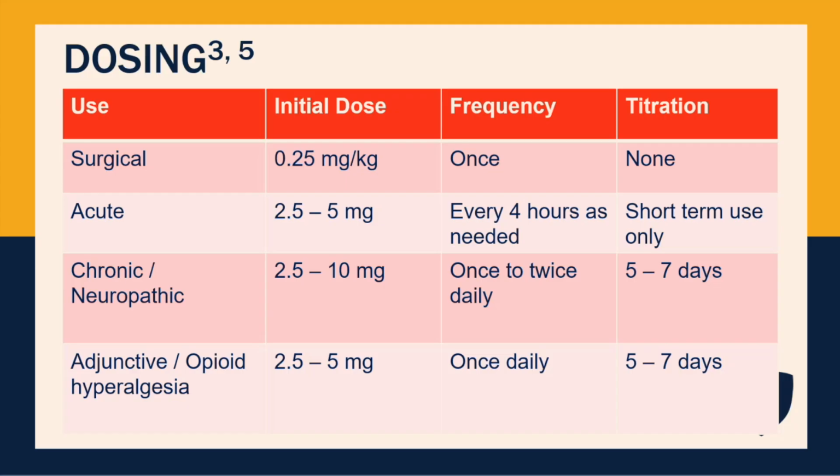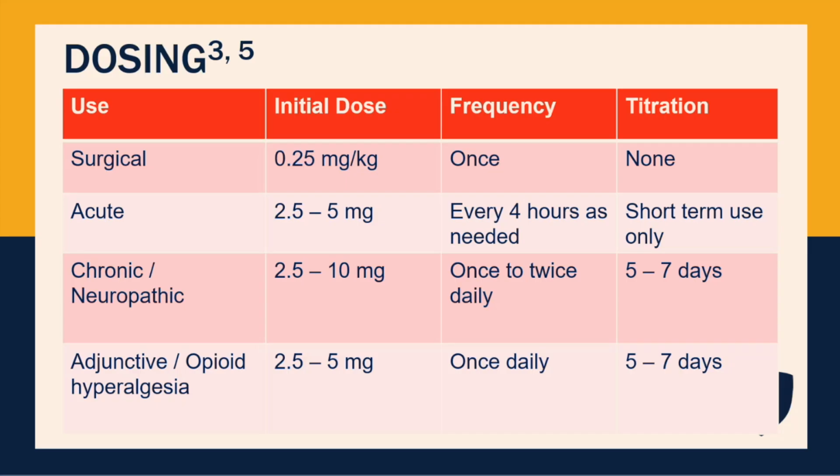However, the recommendation here is to only use short term for acute pain. As mentioned earlier, repeat dosing then increases the half-life and can increase your risk of opioid adverse effects, including respiratory depression as the most concerning one.